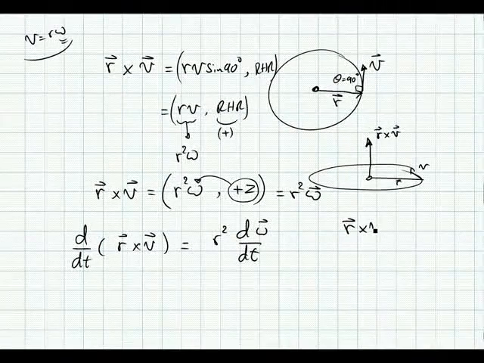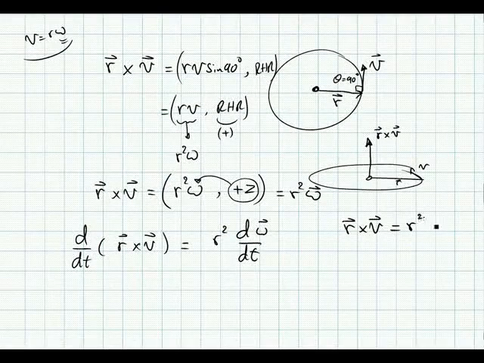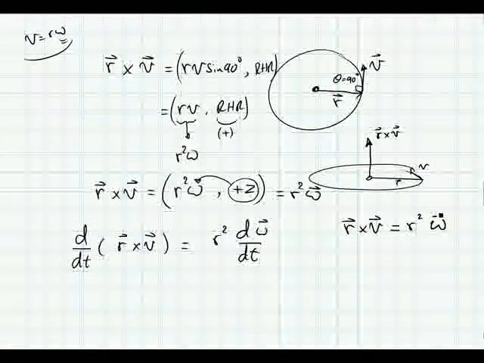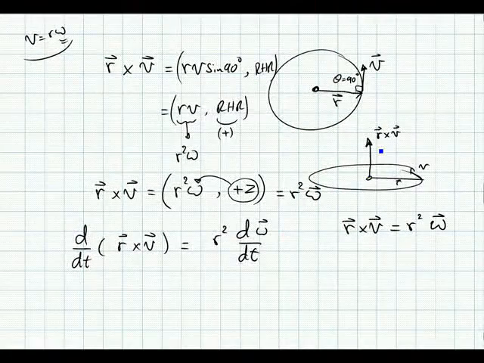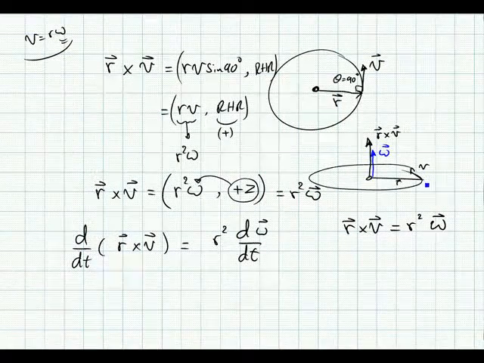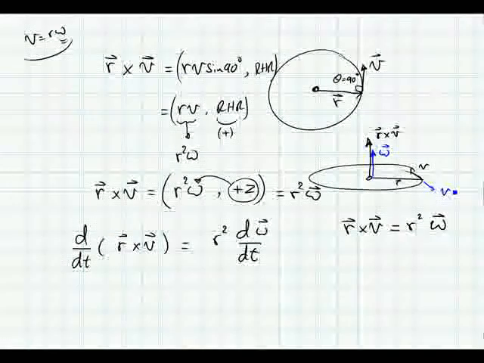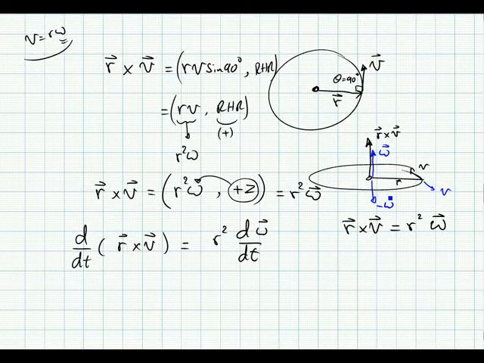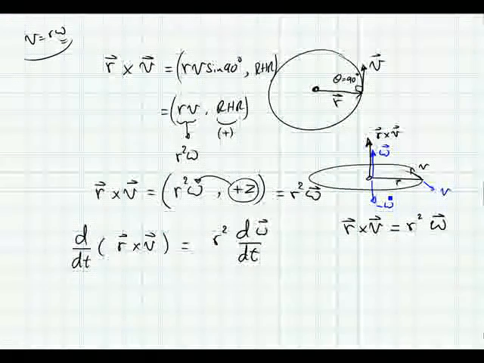So R crossed V is equal to R squared omega, which gives us the direction for the angular velocity. So angular velocity of a rotating object is either out of the page, or if the tangential velocity is clockwise, then it's a negative omega, down into the page.